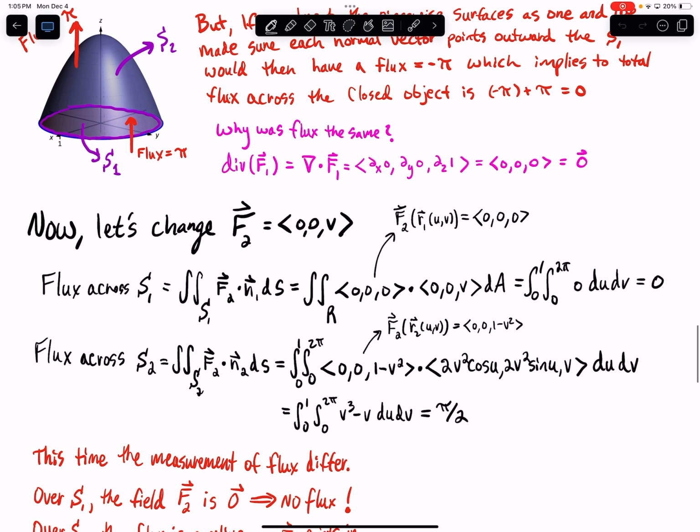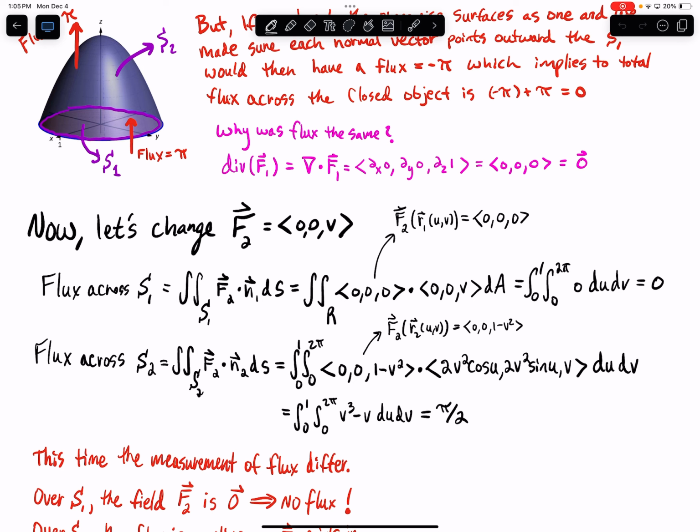Okay? So now instead of it having that, let's change it to where for the last component instead of a constant 1, it's v. Well, when you calculate the divergence now, it's not going to be 0 anymore, is it? Okay? So let's do flux across S1.